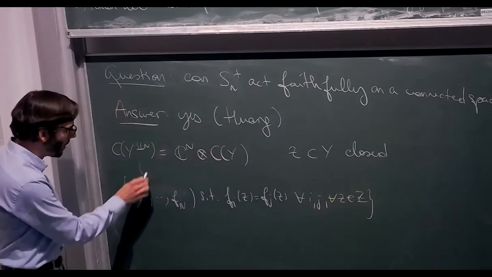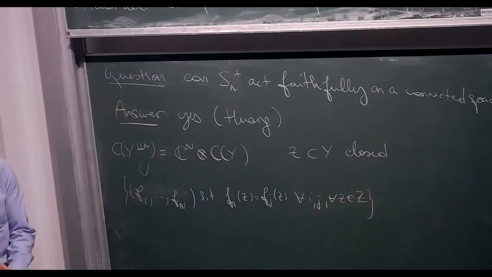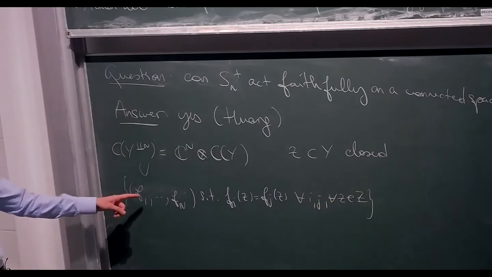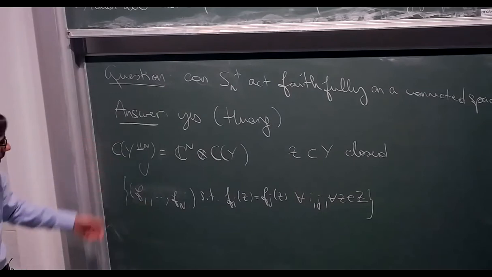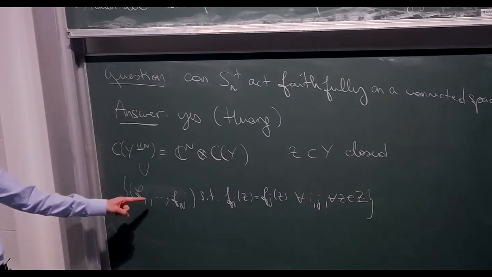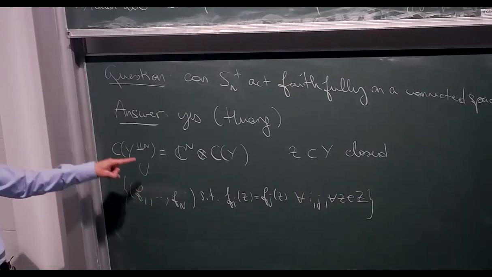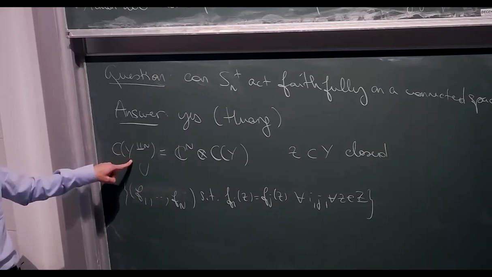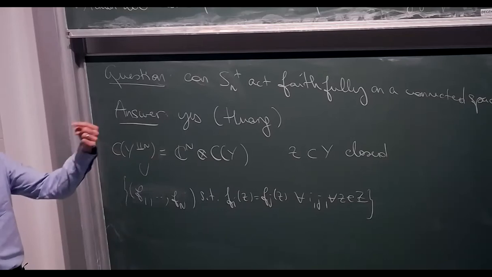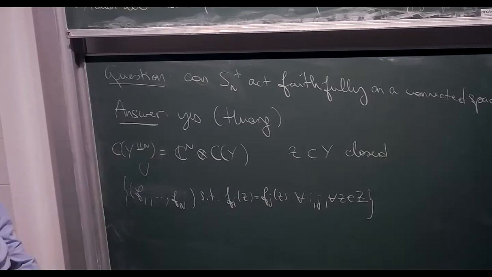This is a subalgebra here. And you just check, and that's extremely simple to check, that this is stable under the action. Right? And now if you go through the Gelfand duality, this is exactly the functions on the space that you obtained by taking this and gluing over Z. Right? So you quotient by identifying all the copies of Z pointwise.